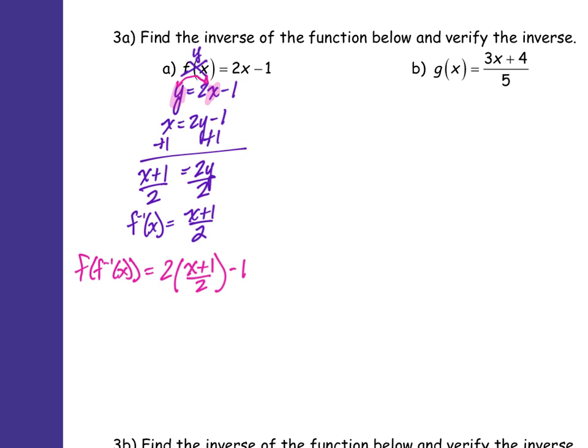How do I want to see this? What happens to my 2's? Can anyone tell me what happens to the 2's? I have a 2 here, and I have a 2 here. What happens to those two 2's?